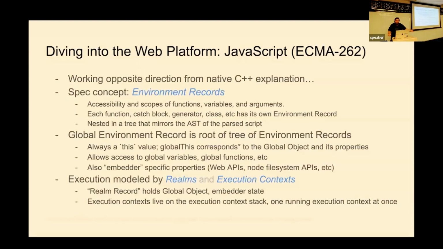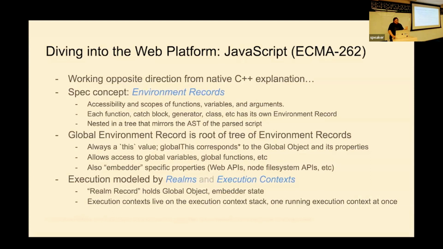So we have this list of environment records that describe how we access variables. It's similar to the way that your compiler is going to resolve all these statically, but these have to happen dynamically. Actual execution of the code is modeled by realms and execution contexts, where a realm is a wrapper for the global object that holds the global object and whatever embedder state is, where the embedder is a web page or a REPL or whatever else.